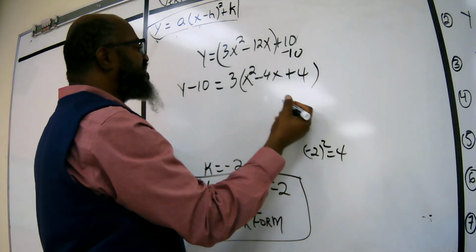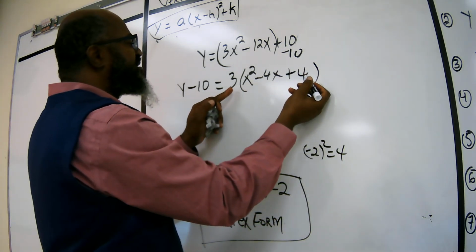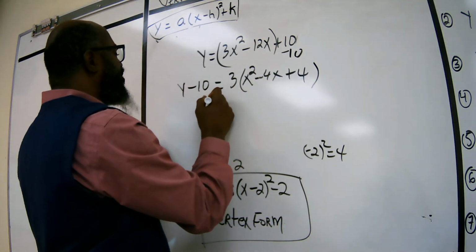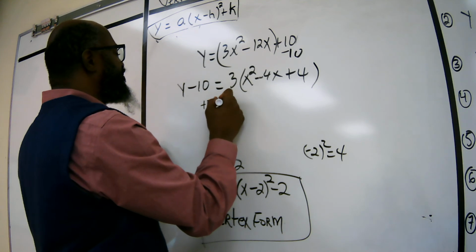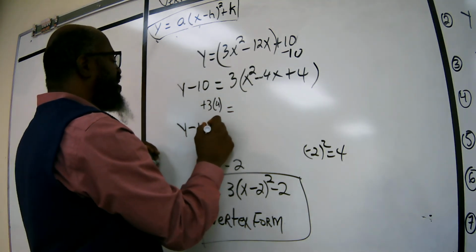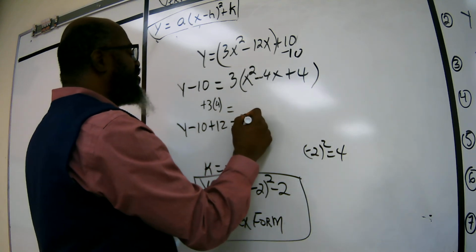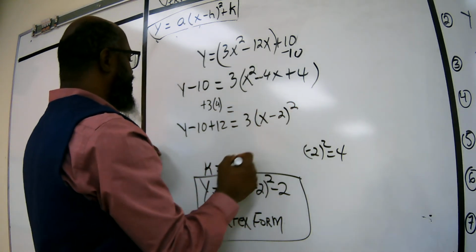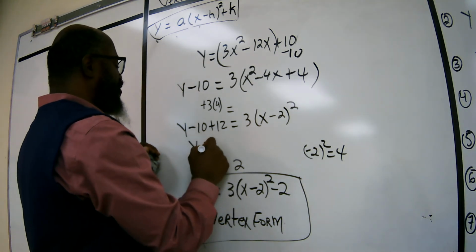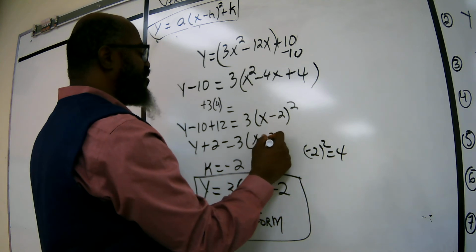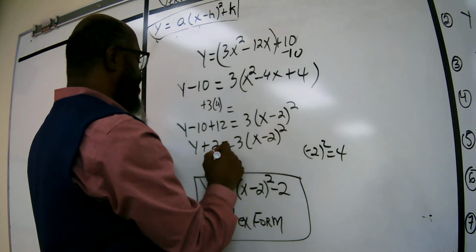Now once again, on this side you add 4, but in reality you add 3 times 4 on the other side. And you'll have y minus 10 plus 12 equal 3 times x minus 2 squared. Then that will give you y plus 2 equal 3 times x minus 2 squared.